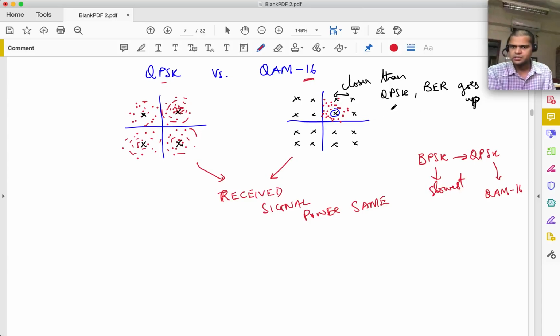Okay, so it knows the signal to noise ratio, and if the signal to noise ratio is high, then it will try to use something like QAM16 or even QAM256. But if the signal to noise ratio goes down, it will drop down to something like QPSK or BPSK automatically. Okay, and that adjusts the bit rate.